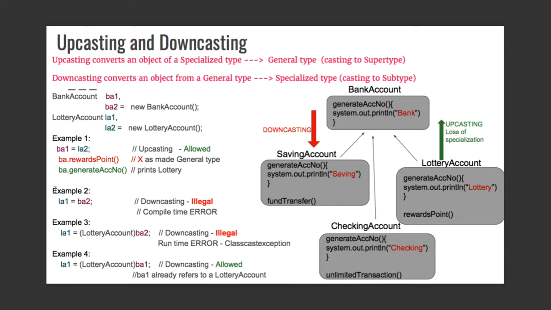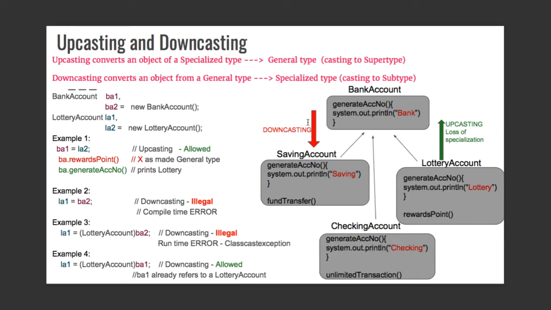Now, if you look at example 2, here LA1 is equal to BA2. That is, you're making an object of type lottery account point towards a bank account object. This is just like asking a doctor to perform surgery. But because a doctor is not of specialized type, a doctor cannot perform a surgery.